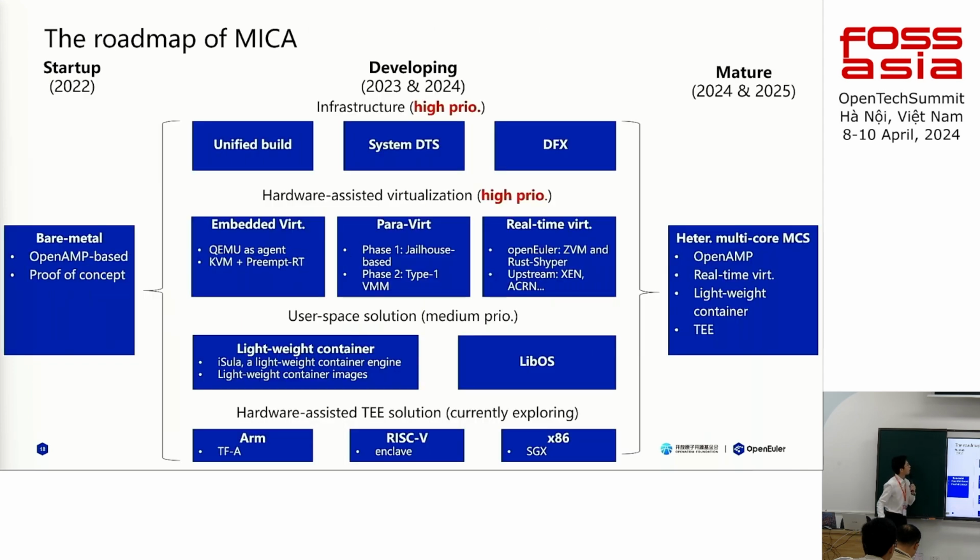All right. So then I would like to introduce the history and the future of the MICA framework. So in the past, we only implemented the OpenAMP-based MICA framework, so that we could only support many deployment, but with poor quarantine and scheduling. And now we are developing with many excellent virtualization technologies like VMs, like Rust hypervisors, and we also want to use lightweight containers to enrich our ecosystem.